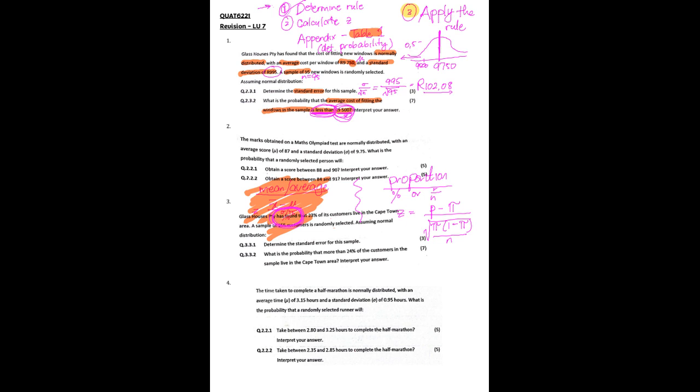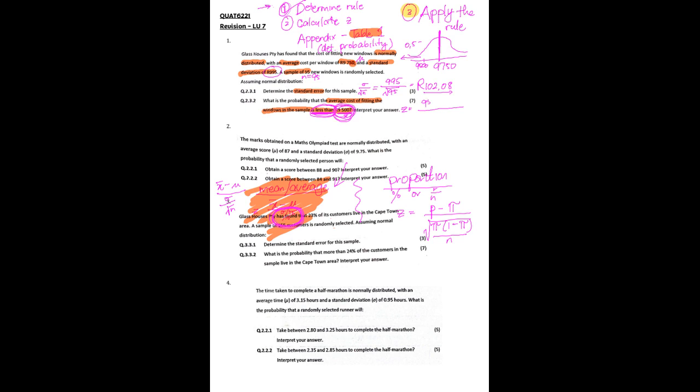Then you have step two, which is to determine the Z value. So your Z value is calculated using the formula that I had written up here. This is because we're working with the mean. So it's X bar minus mu over the standard deviation over the root of n. So X bar is the 9,500.